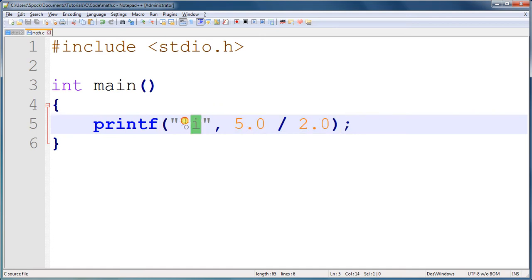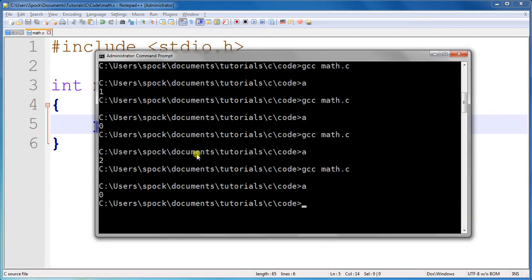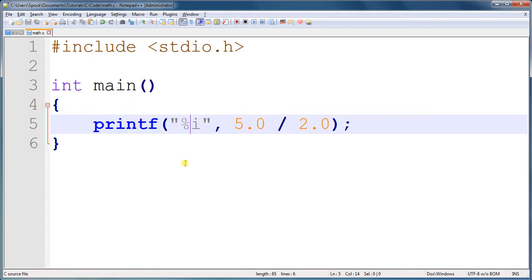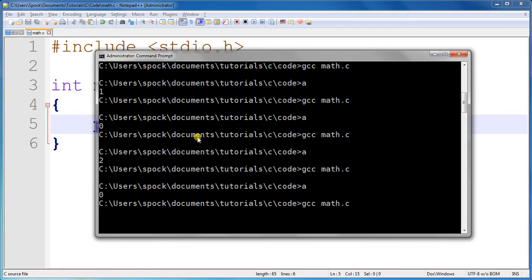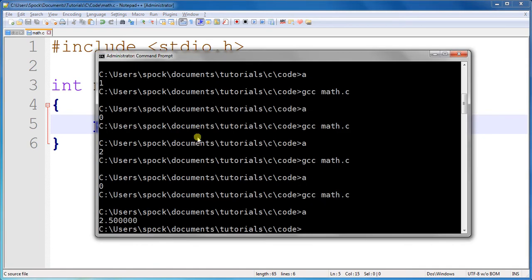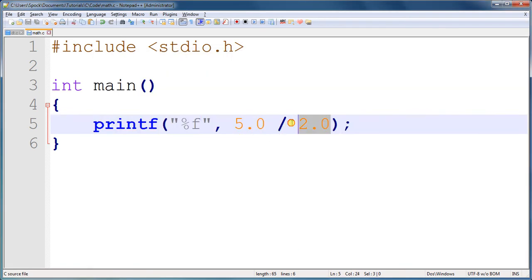But I told it that I was printing out an integer, and it didn't know what to do, so it said 0. So this has to be %f for floating point numbers, and now it should work. 2.5, and it gets it correct. And the modulo operator is only for integers. If I try to use it here, it would give an error message.